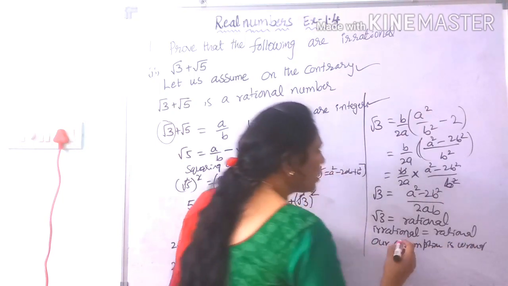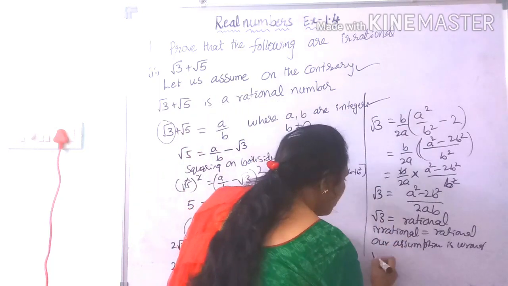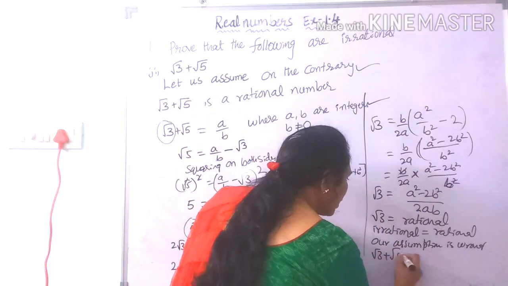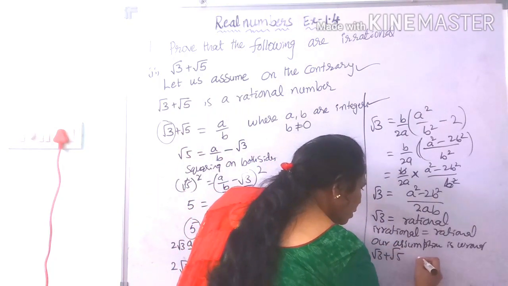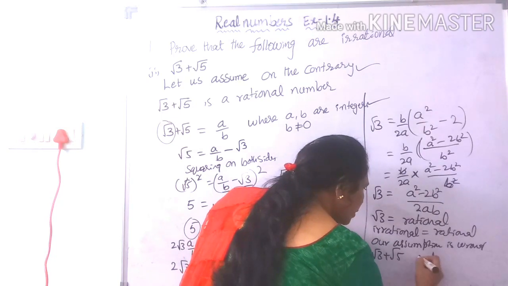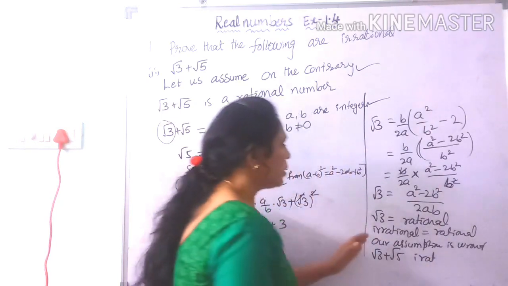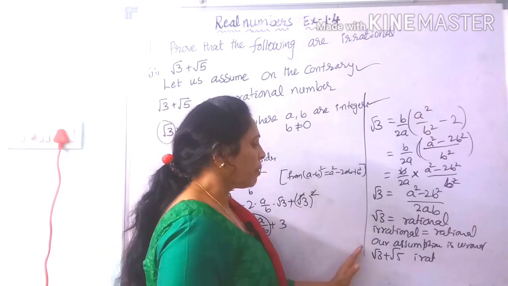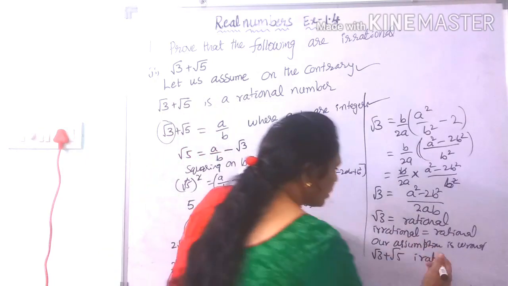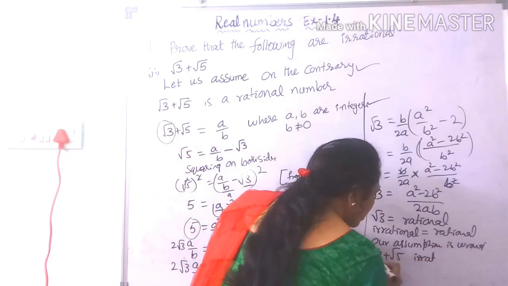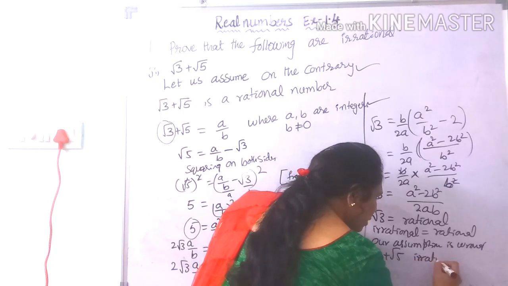So root 3 is irrational, the sum of two irrational numbers is also irrational, so root 3 plus root 5 is irrational.